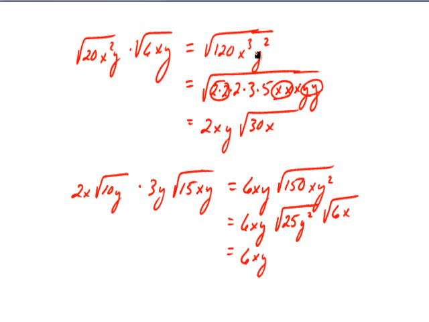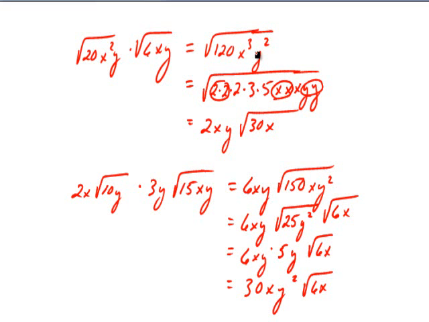If I simplify this radical, I get 5y. And multiplying all these values out front, I have 30xy squared times the square root of 6x.